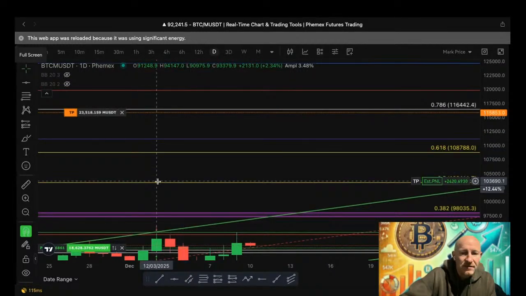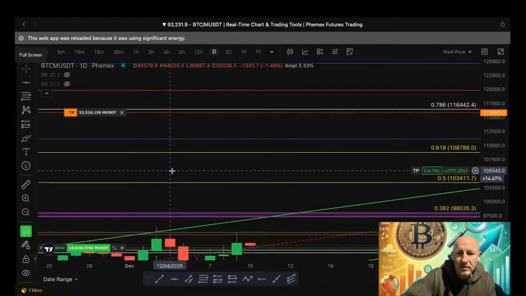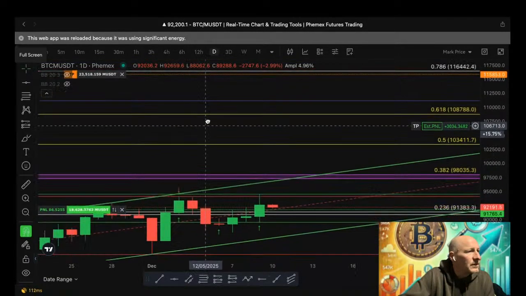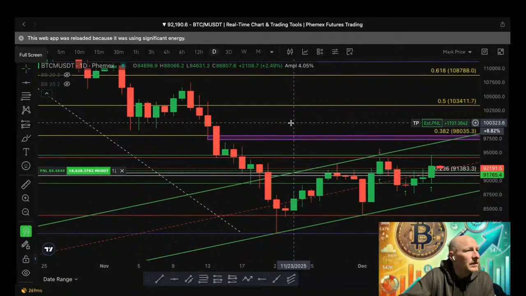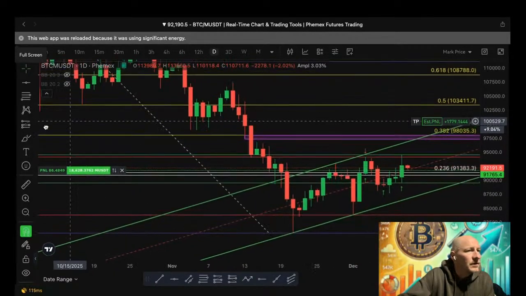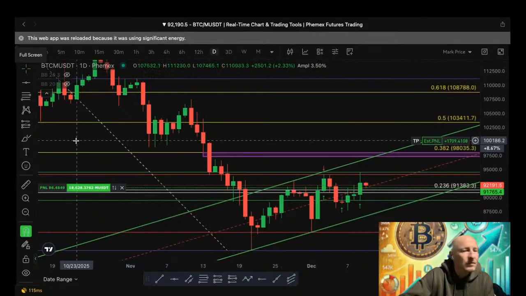These yellow lines are my Fibonacci. And if you don't know what a Fibonacci is, come check out my Thursday night masterclass and I will teach you. I go over the basics of trading and what the proper indicators to use are, which ones are noise.